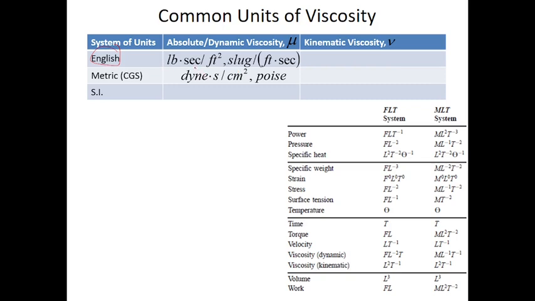So kung CGS, ang force represented by dyne, ang time represented by second, ang length represented by centimeter. Okay? So, sabihin niyan, dyne second, square centimeter. Okay? Or, isa pang unit niyan ay poise.